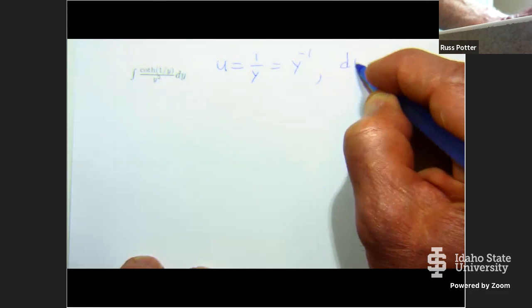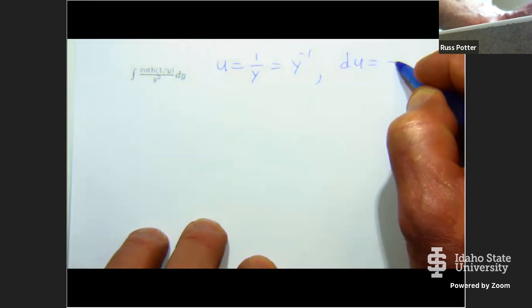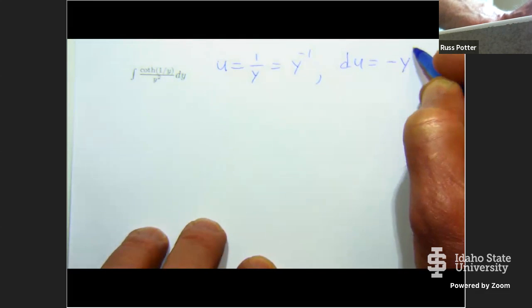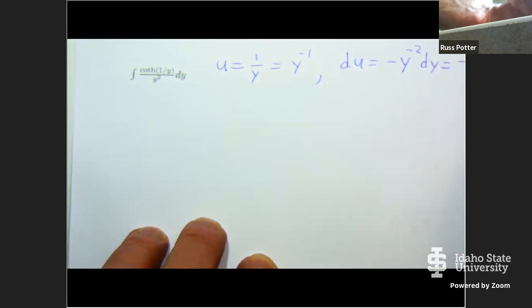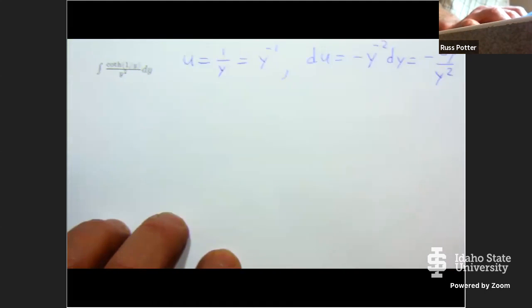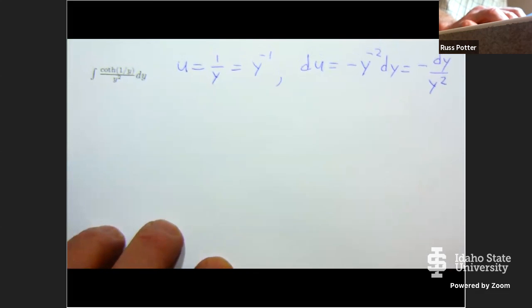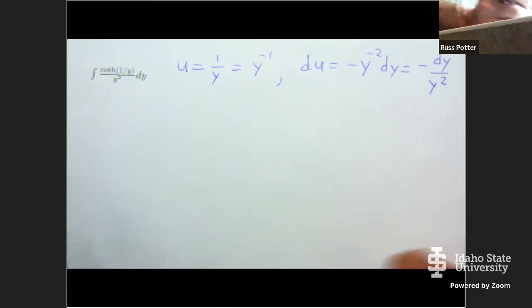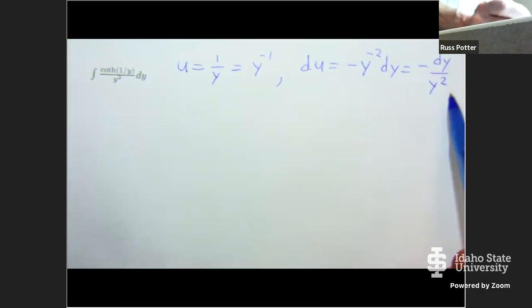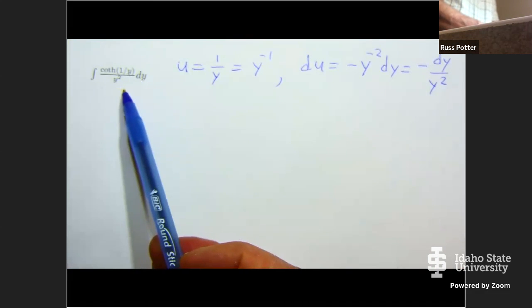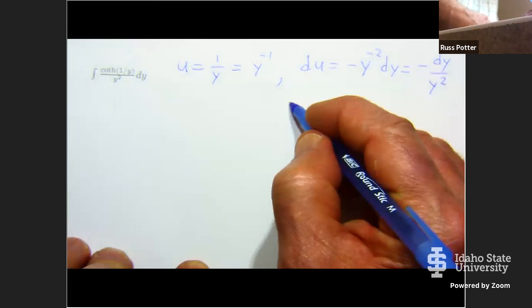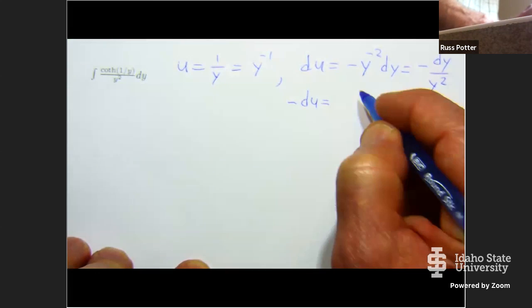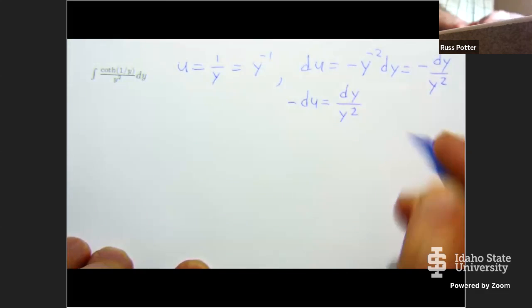And so du is negative 1 times y to the negative 2 dy, or negative dy over y squared. Okay, in our integrand, we see the dy over y squared. And so when we solve for dy over y squared, we just get negative du equals dy over y squared.